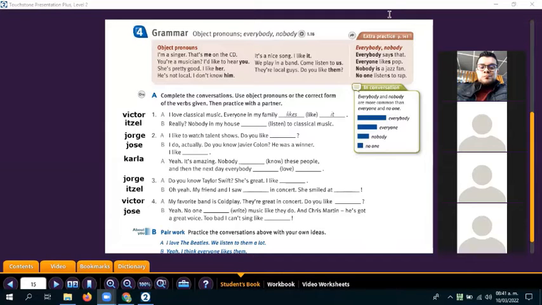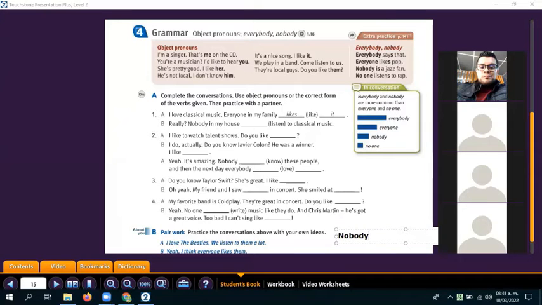So some things before we continue. Whenever you're using everybody, everyone, nobody, or no one as the subject of the sentence, you need to treat those pronouns as if they were he, she, or it. That's why you say something like nobody likes them.